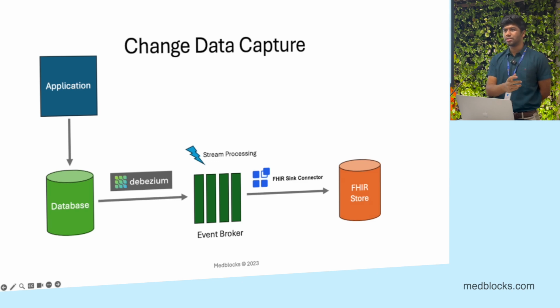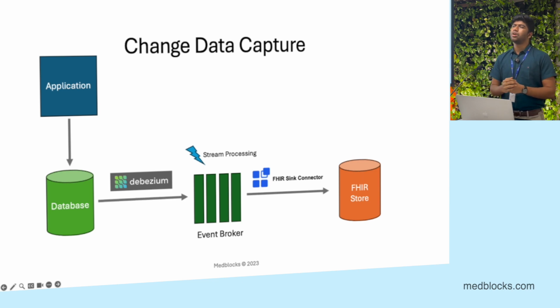So what Debezium does is it initially has a snapshot phase where it scans the whole database table. It captures all of them as events in a Kafka topic. Okay, so if you have one table, it will capture all of the data in that table in that particular Kafka topic. And as the changes happen to this particular database table, it will stream the changes in real time to the event broker.